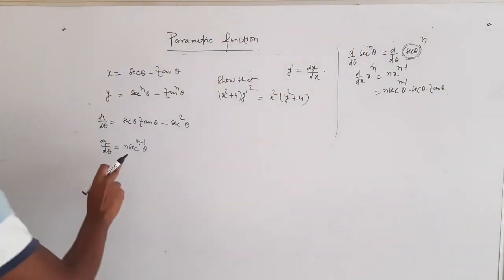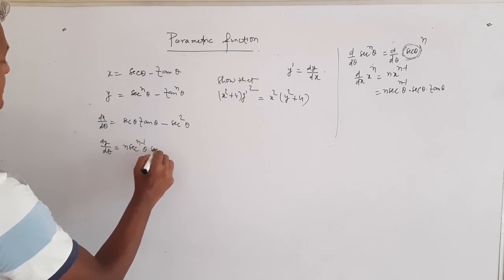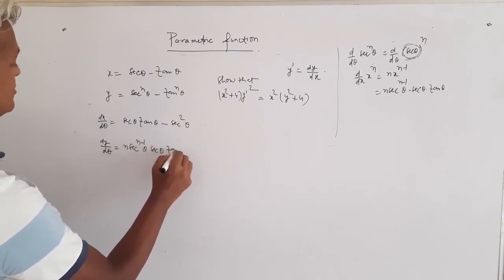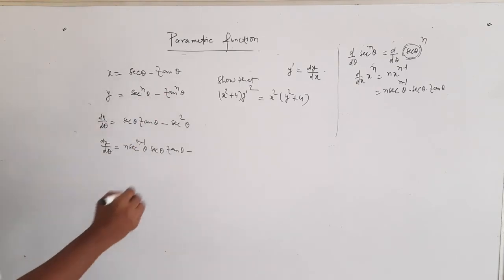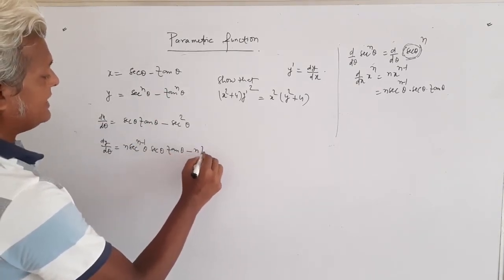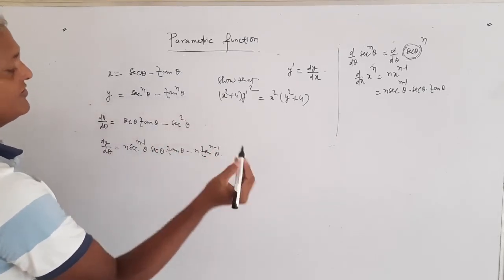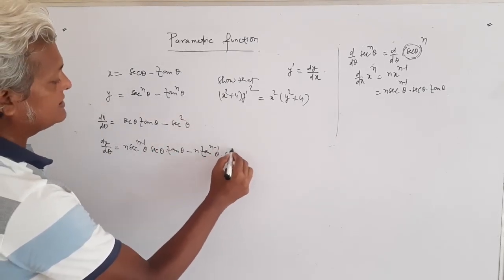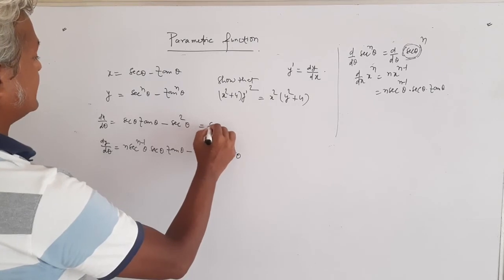So in the same way here n sec to the power n minus 1 theta times sec theta tan theta, minus tan to the power n theta gives n tan to the power n minus 1 theta, and differentiation of tan theta will be sec square theta. So let me simplify this one, what form it takes.